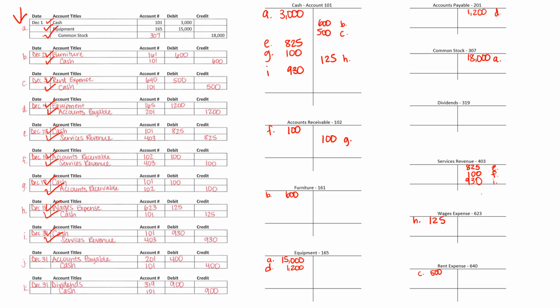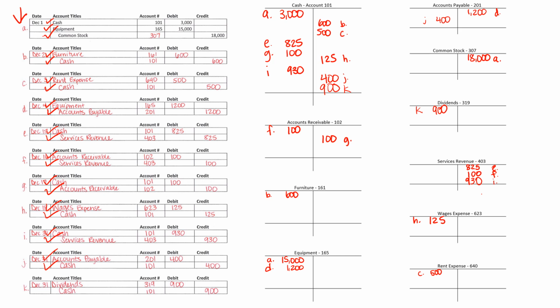J, accounts payable debited $400 and cash credited $400. And then finally, K, dividends debited $900 and cash credited $900.